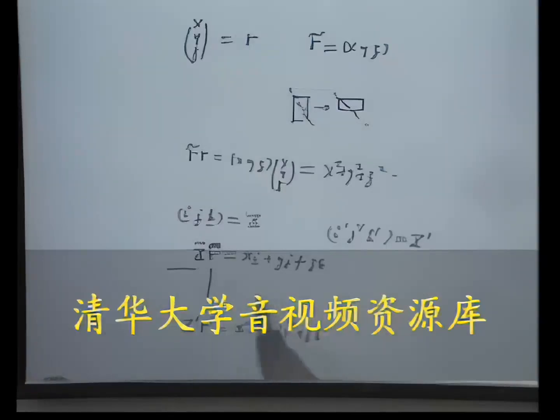And so this is the coordinate. This describes a point. This describes the same point. So therefore they have to be the same. So x prime, r prime is equal to x, r.